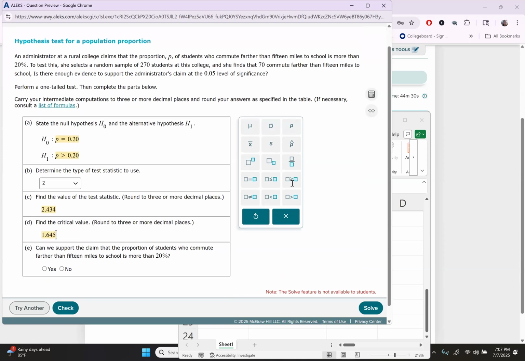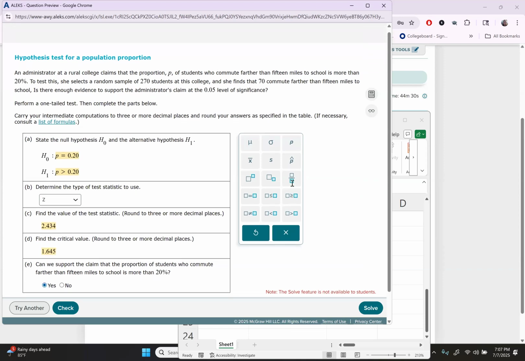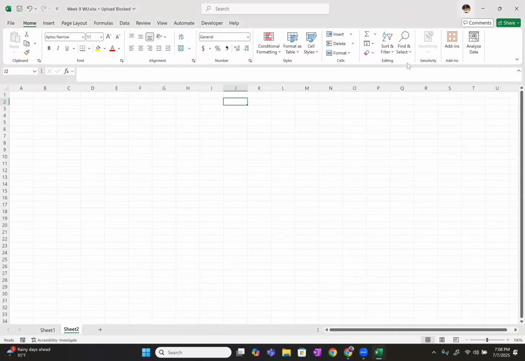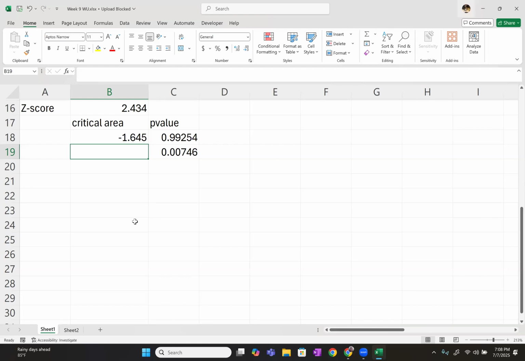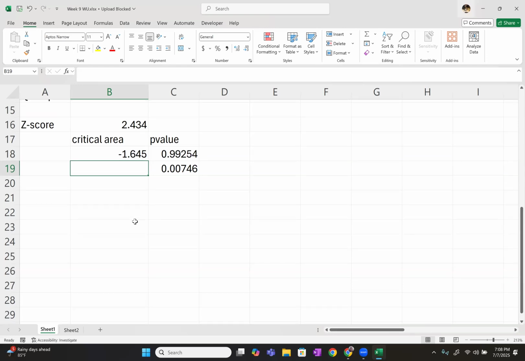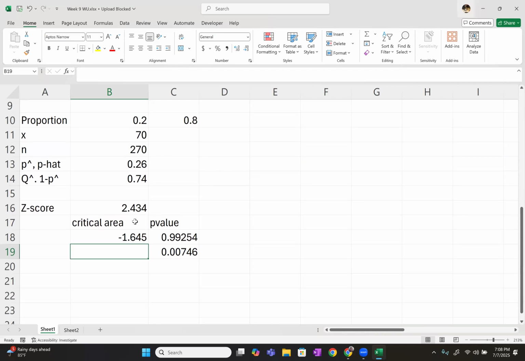And can we support the claim that the proportion of students who commute is further than 15 miles? So in other words, did we reject the null? And we're going to say yes, because obviously our p-value is very small. So if you want to take a look here, our p-value is 0.076.